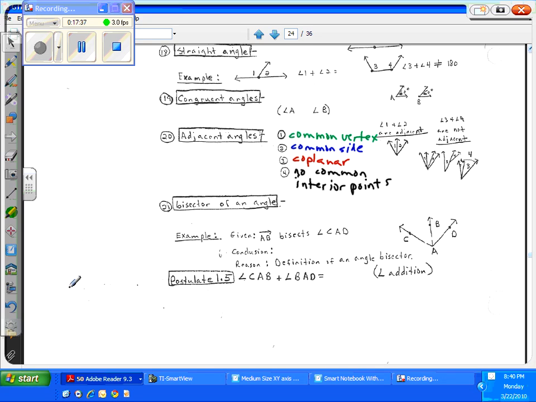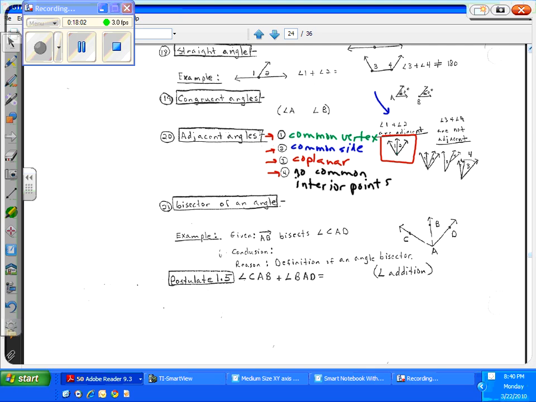Now, usually when I say the definition, I say it in this order. Adjacent angles are two angles in the same plane with a common vertex, a common side, and no common interior points. So I usually start out with two angles in the same plane with a common vertex, common side, no common interior points. Now, this is an example of adjacent angles, and let's see how those four properties apply.